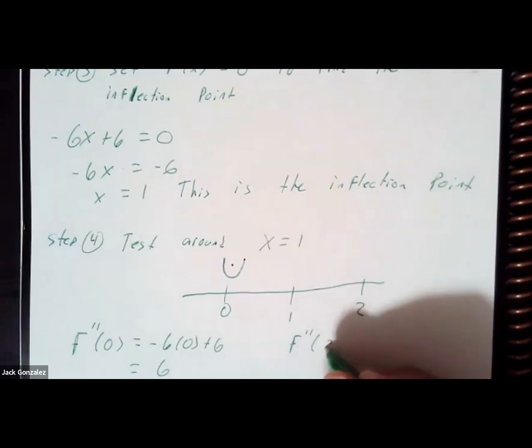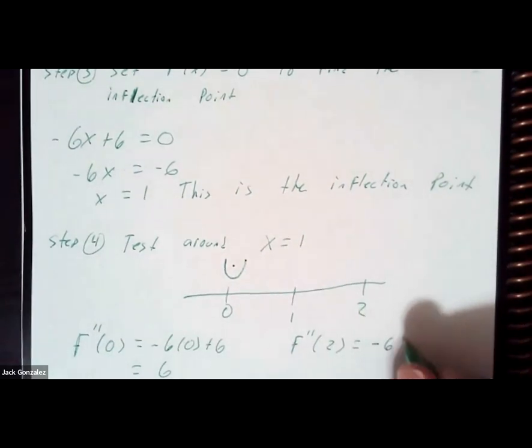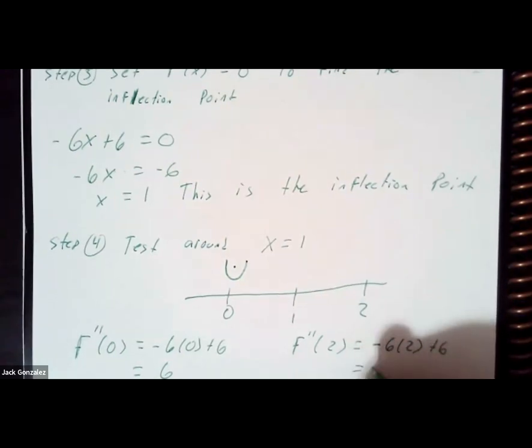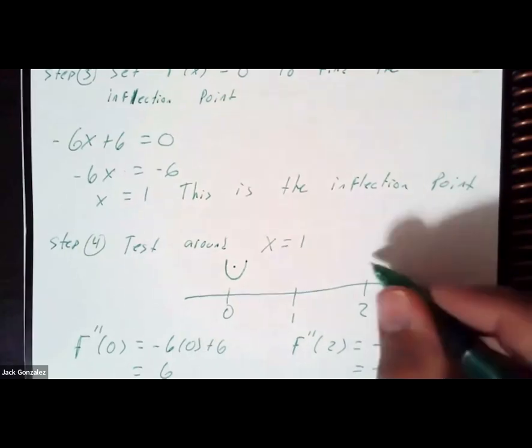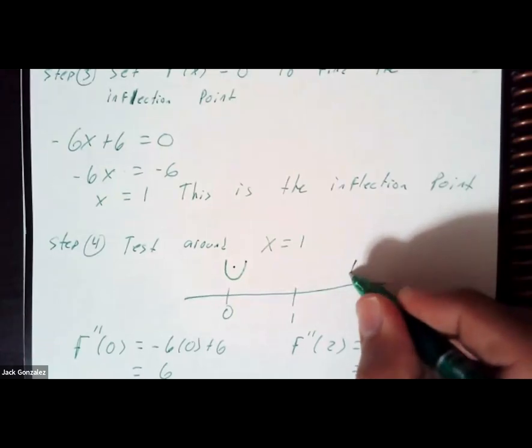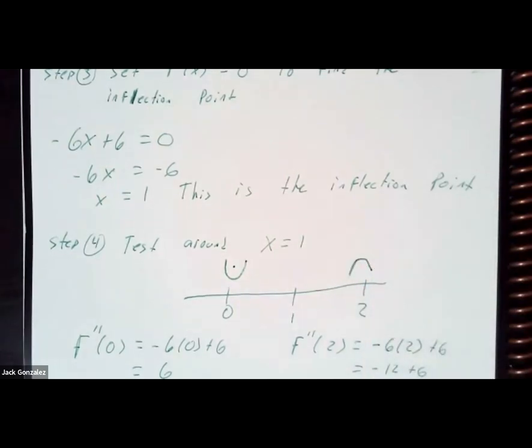The second derivative at 2 would be -6 times 2 plus 6, which is -12 plus 6. Concave down.